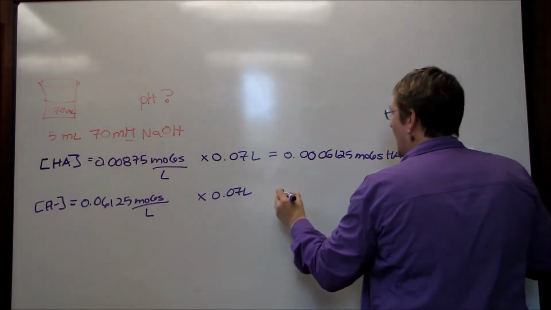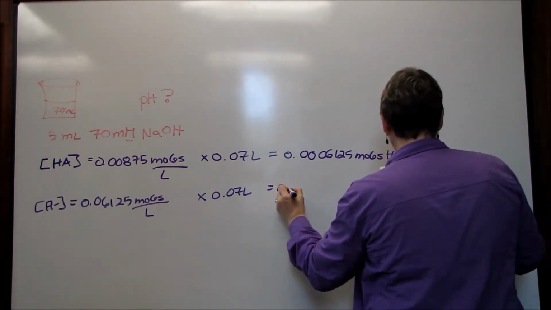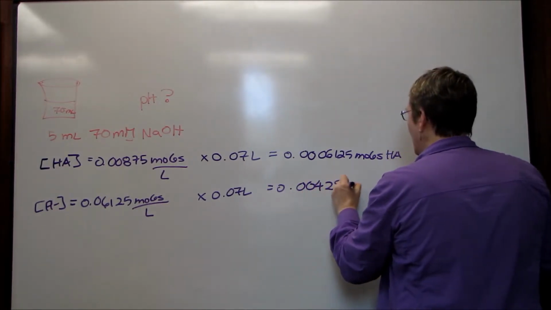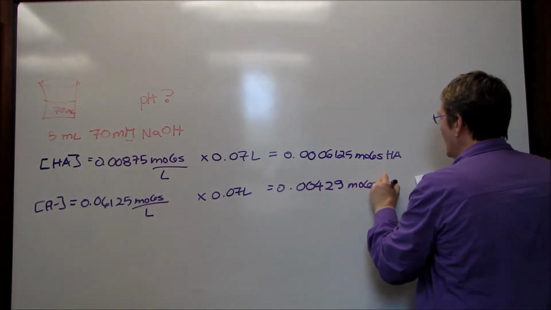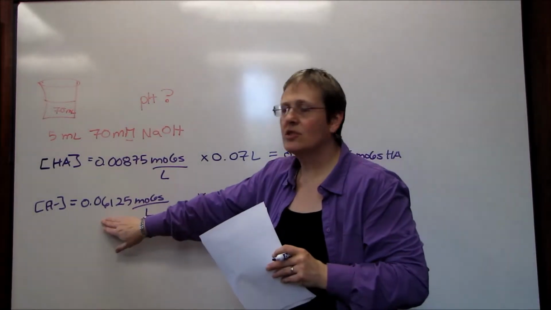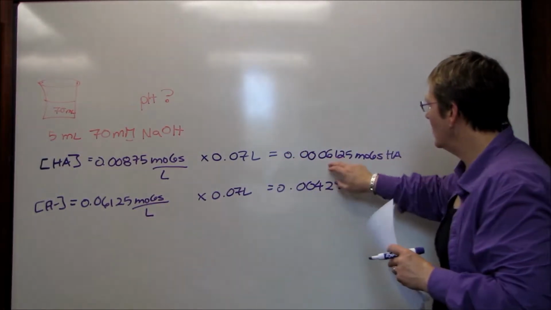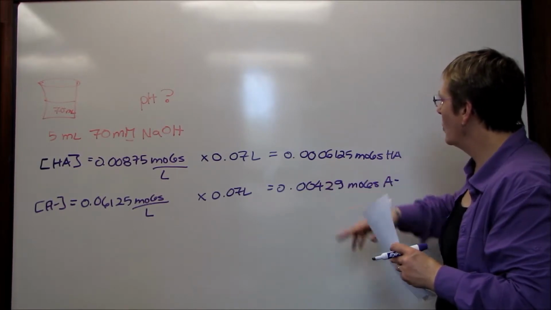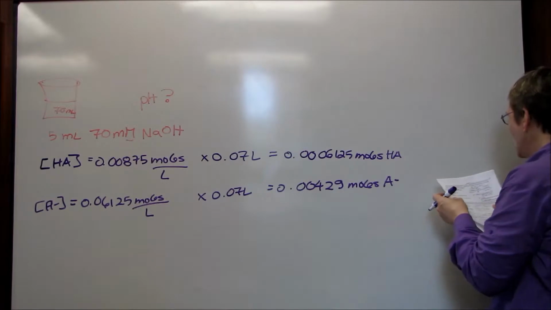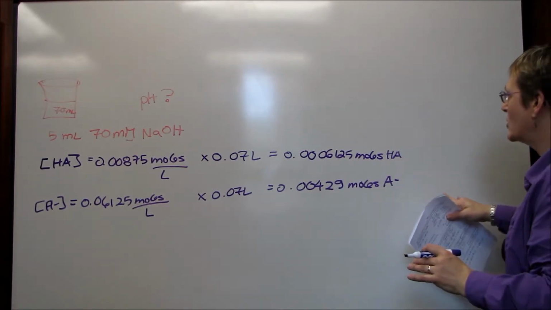Yep. And we have 0.00429 moles of A minus. If you look at this question, you'll see we had a much higher concentration of A minus. Therefore, tenfold more A minus than HA in terms of moles. Okay, so that's where we're starting the question.